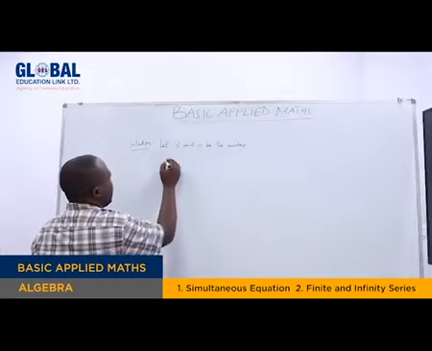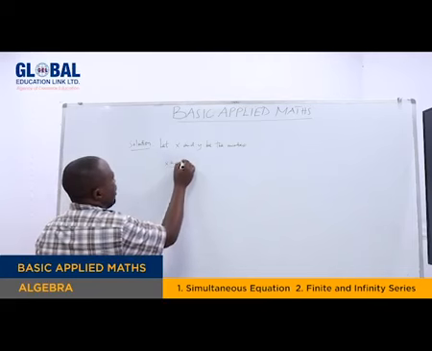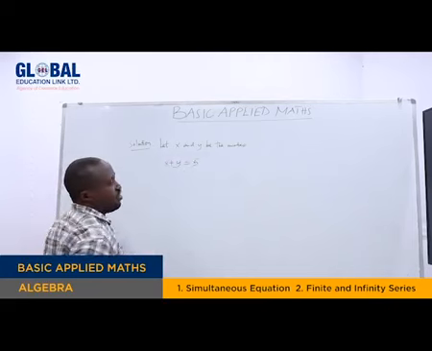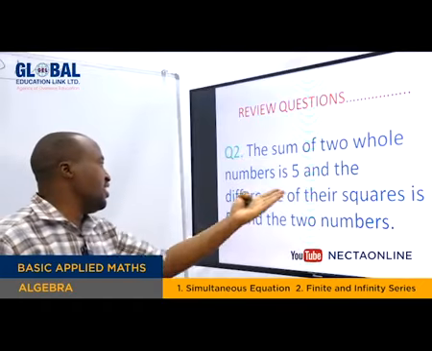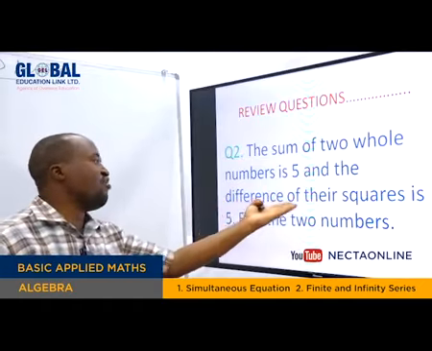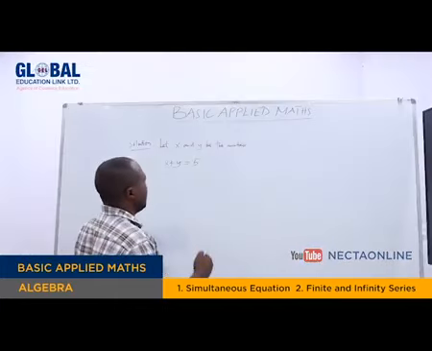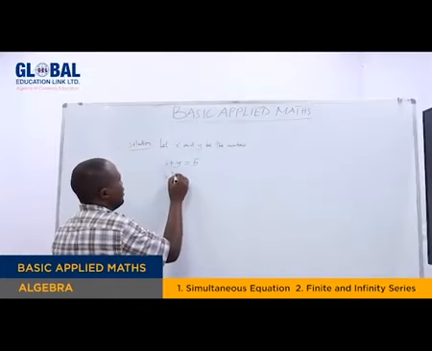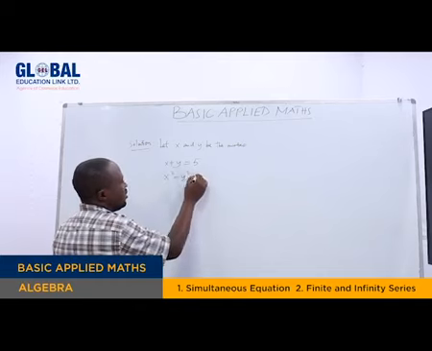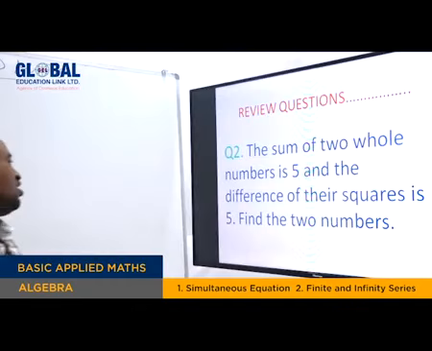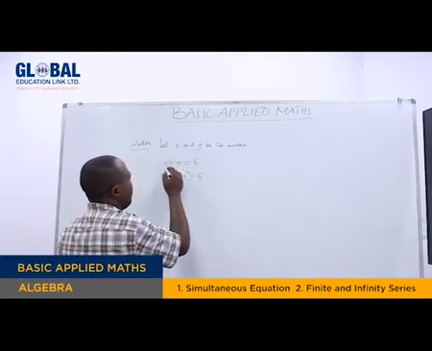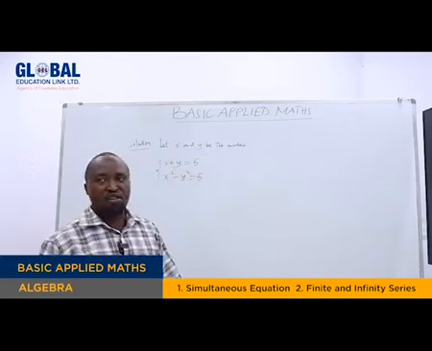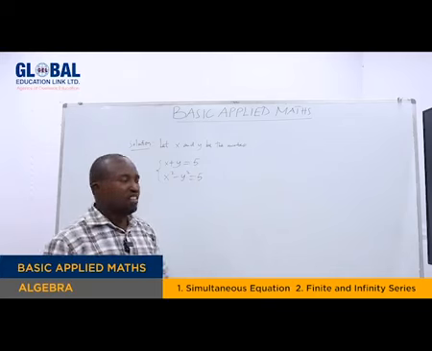So just say x plus y is equal to 5. That is the first expression, and the difference of their squares, that is x squared minus y squared. Again, this is equal to 5. So my dear student, you have a simultaneous equation.